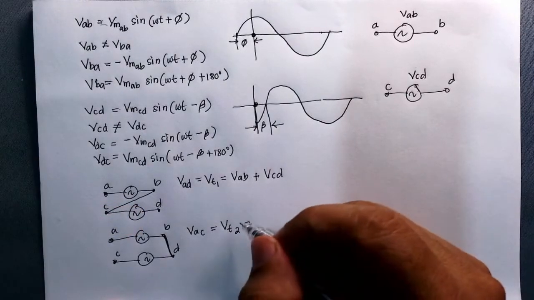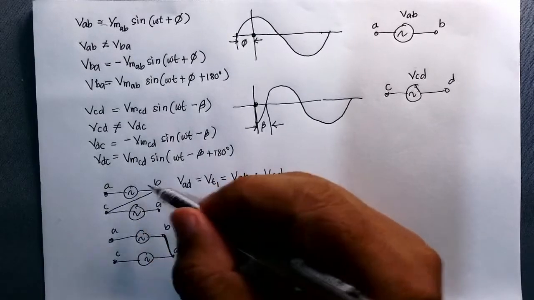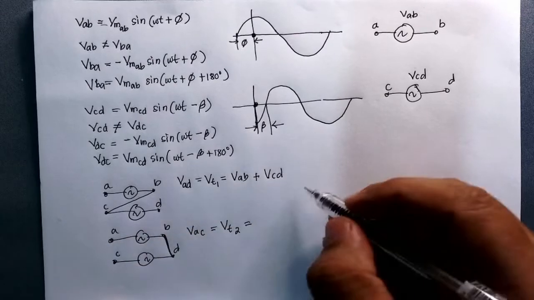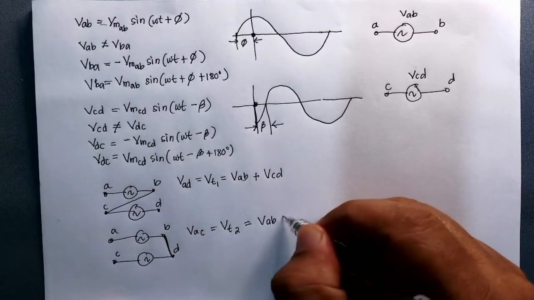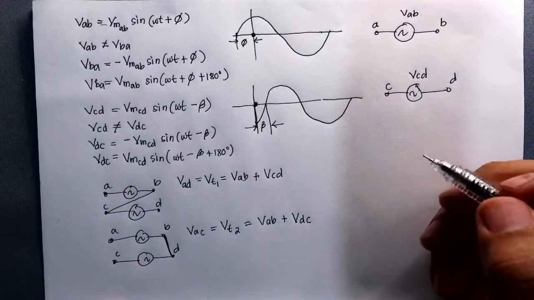This is the second way of connecting these two sources. So in this way we have the value for V sub AB added to the value of V sub DC.